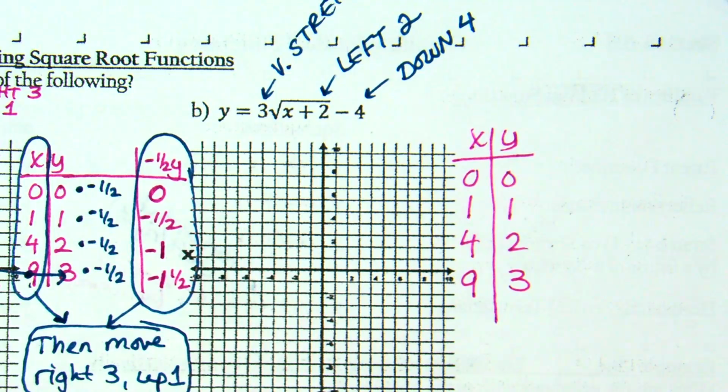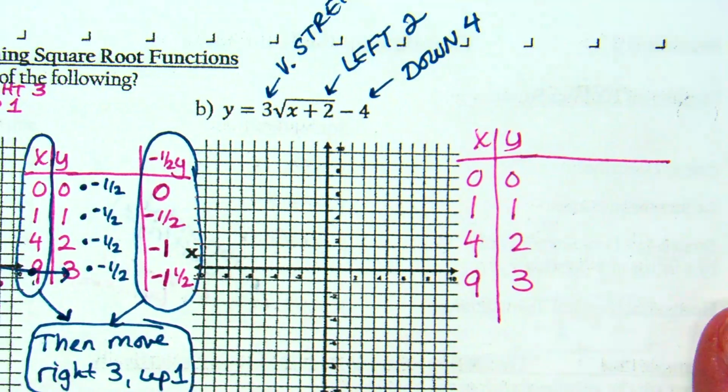Now, we're going to keep those x values, right? Those are good. We're not going to change those. But because it's a vertical stretch, we're going to take every y value and do what? Multiply by 3.